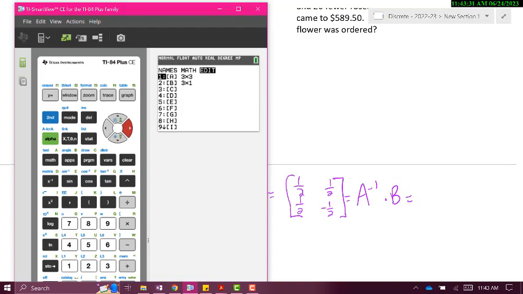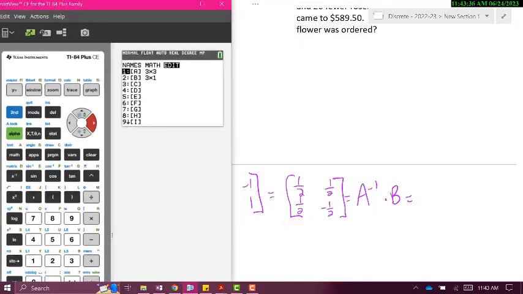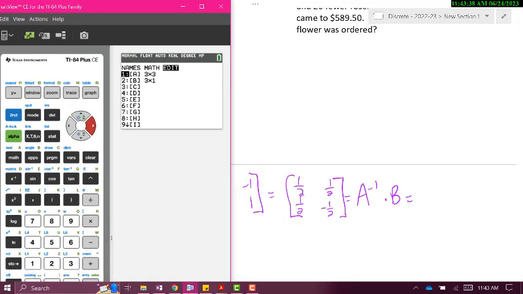Go over to edit. Now we got a 2 by 2. And we're actually going to put the inverse of A in here because that's what we have. Instead of 1/2, we're going to use 0.5 because it's easier to use than come up with a fraction each time.